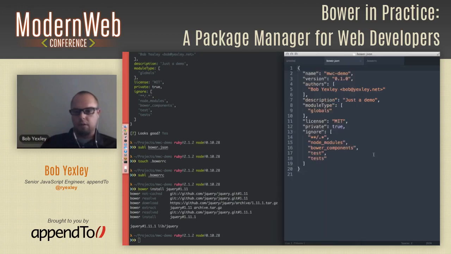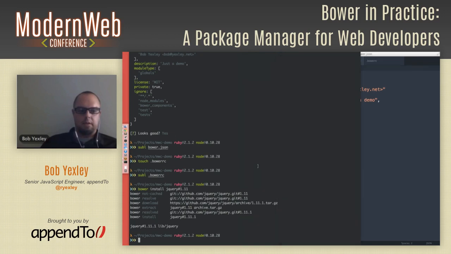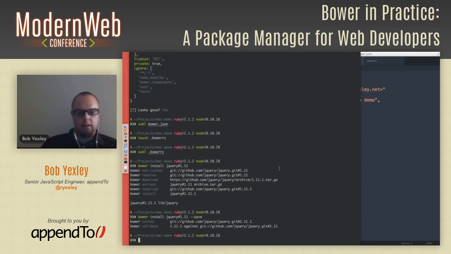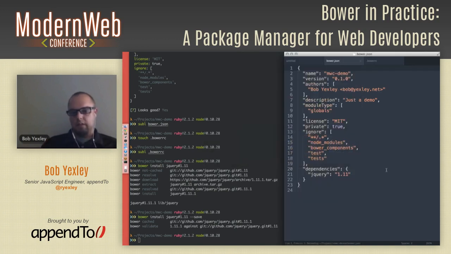So what happened to our bower.json? Oh, nothing happened. Why? Because we forgot to save. So let's do that. It's going to say, oh, I've already got it, I validated it. Now the only thing that happened is we have this dependency section in our bower.json file, and it's using version 1.11.